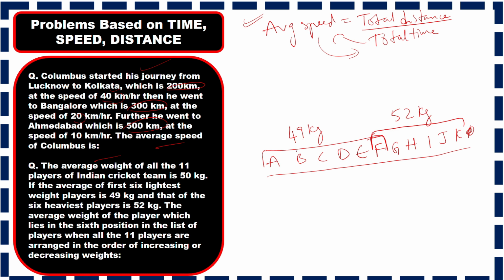So here, if the average weight of these 6 persons is 49 kilos, what is the total weight? Total weight is 49 into 6, that is equal to 294. Did you understand this? See, if I say the average number of chocolates that 3 persons A, B, C have is 3, then what is the total number of chocolates that all these persons have? 3 into the number of persons, 3, right?